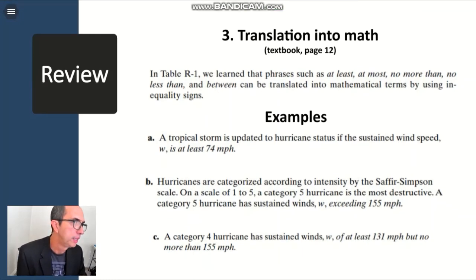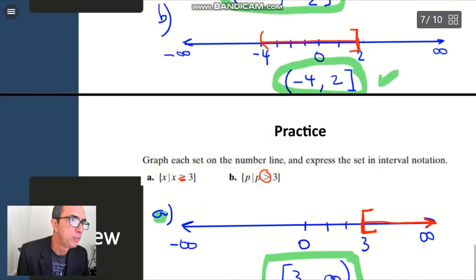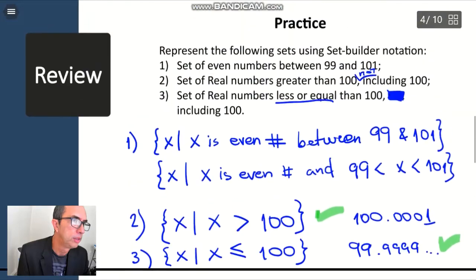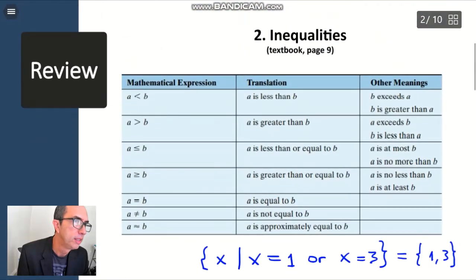Now something that looks complicated, but is actually quite easy. Translation into math. We learned on table R1, and this is table R1.